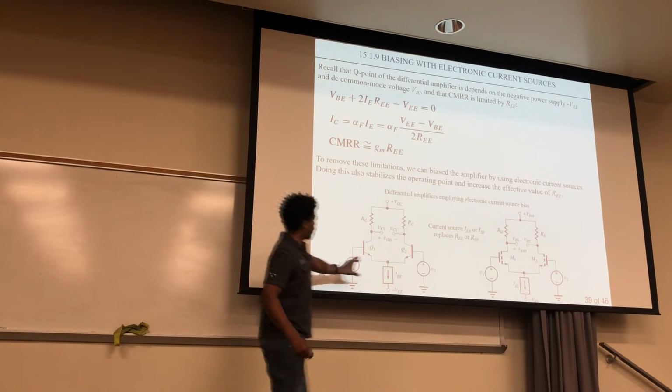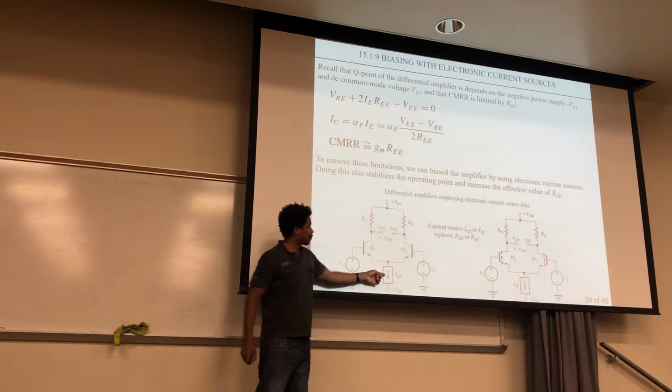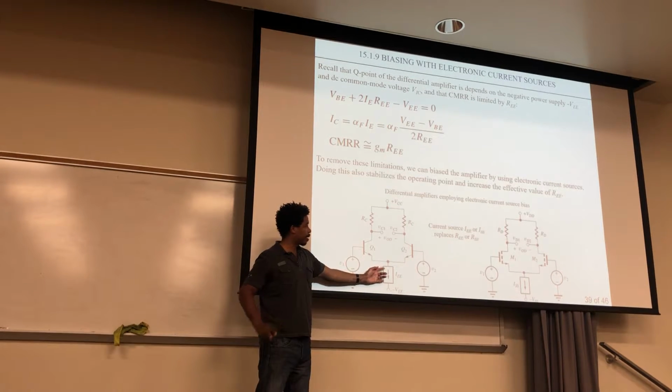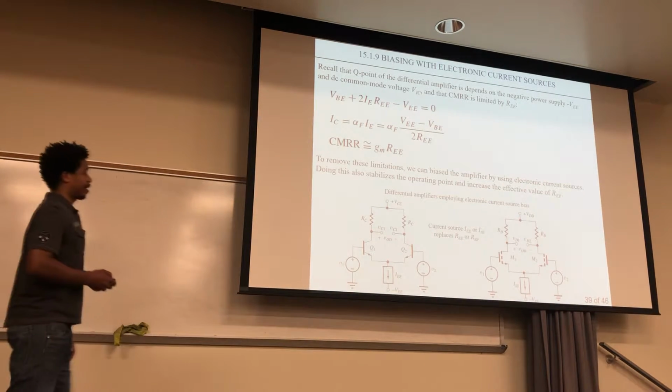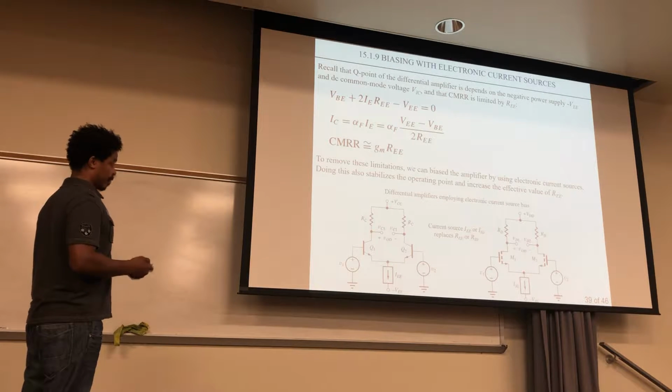Remember, REE was right here in its place, so we're going to replace that with this. In fact, this current source has an effective resistance of REE. So we're not changing that, but it does stabilize that Q point and allows you some control over this REE.